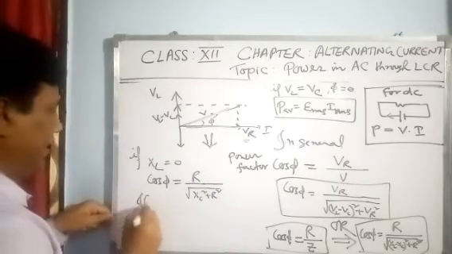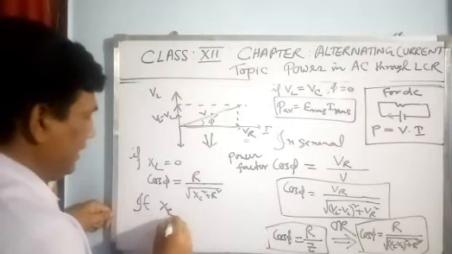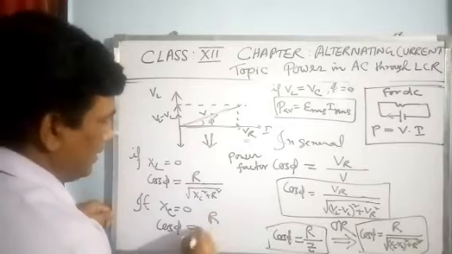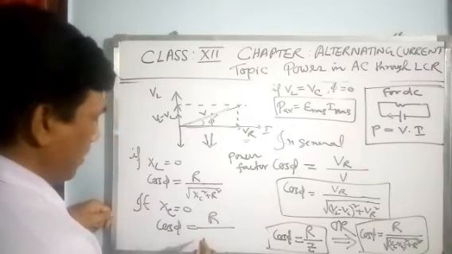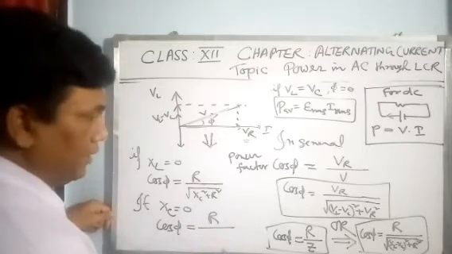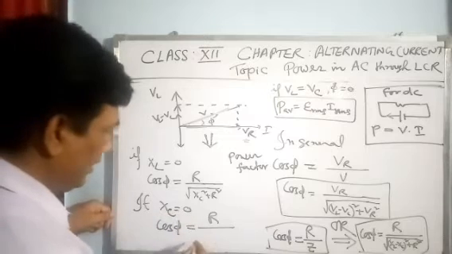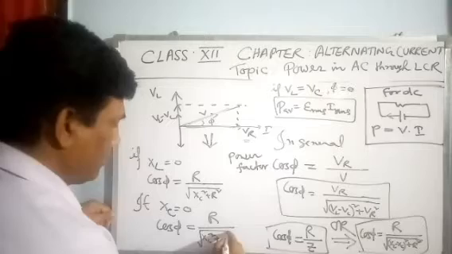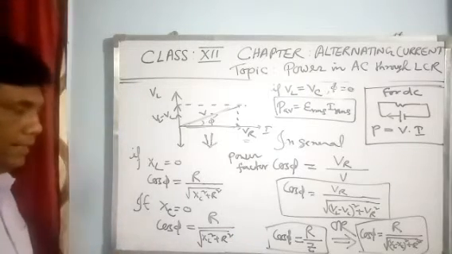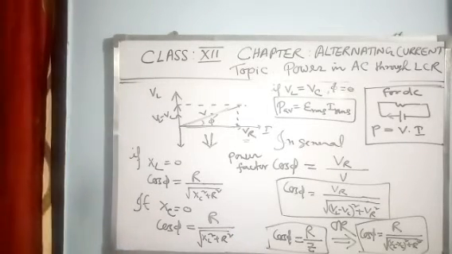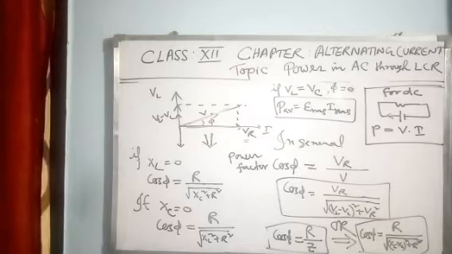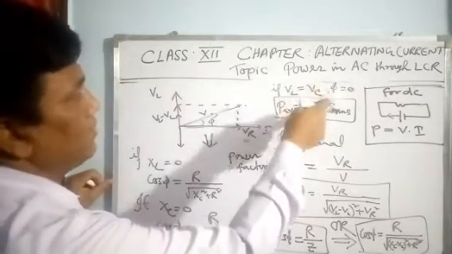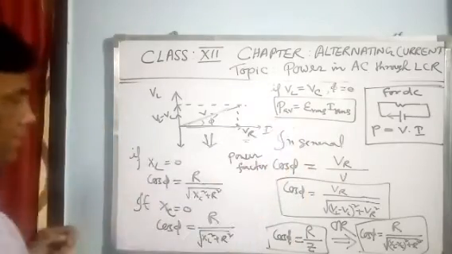If XC is 0, then cos phi equals R upon under root of XL square plus R square, since XC is 0 but XL is there. Are you getting my point? That is the power factor for different cases. And if XL equals XC, the same case will be there.